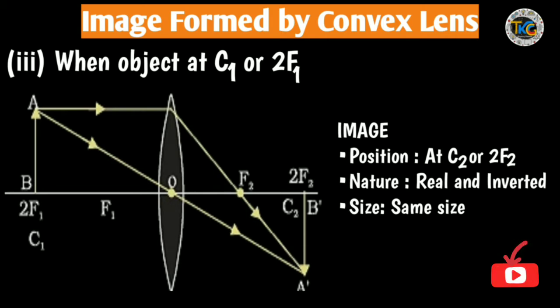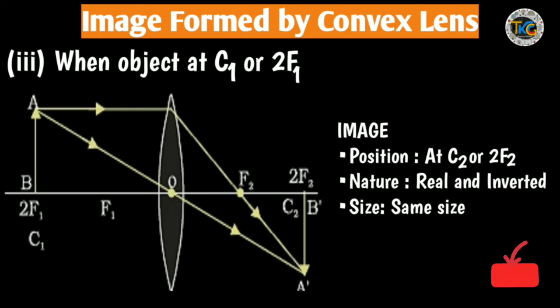Just see here, AB is the object placed at 2f1, and there are two rays. One ray parallel to the principal axis passes through the focus point f2, and another ray passes through the optical center with no deviation, and these two rays meet at point a dash. So here a dash b dash is the image for the object AB, and this image is exactly the same size as the object, and the position of this image is 2f2.